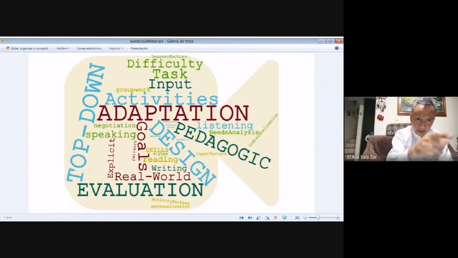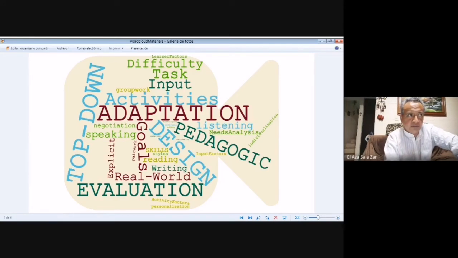So let's continue reading the word cloud. On the left, we can read top down, in capital big blue letters. Top down. That's a strategy in contrast to bottom up.